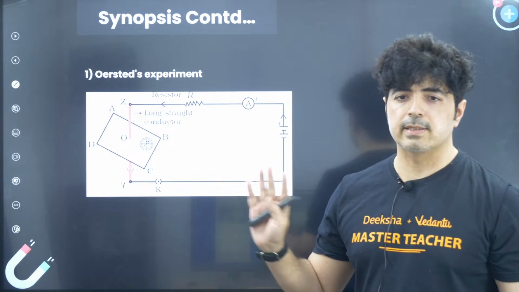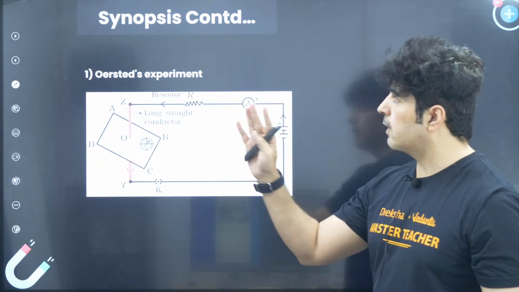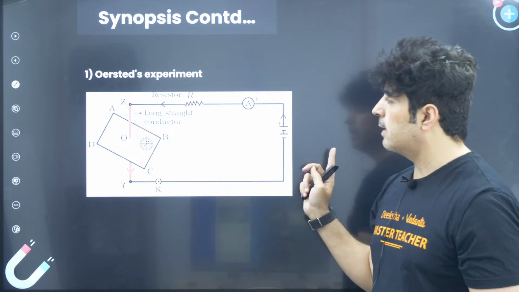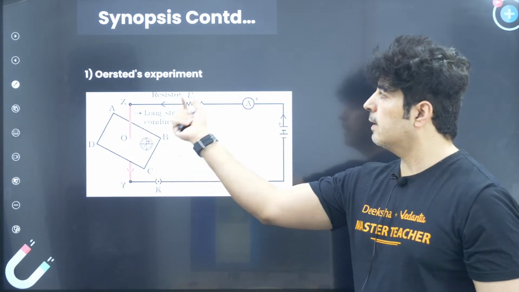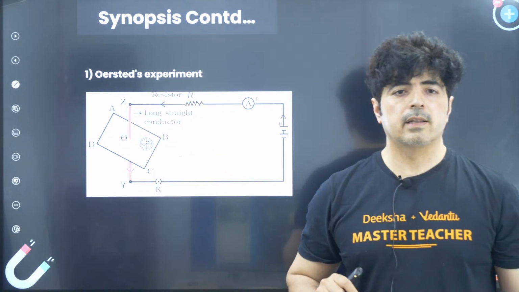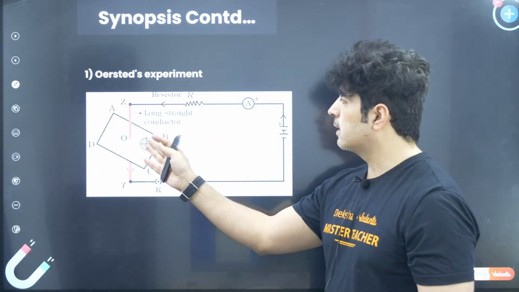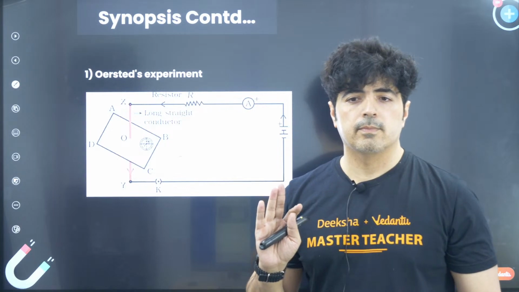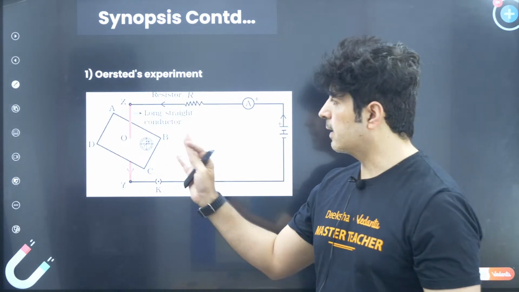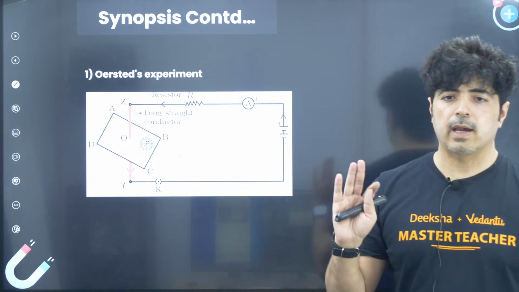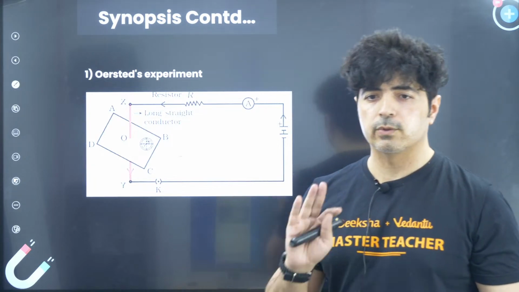By the way, this is as per NCERT, it is mentioned over there. If it comes, you just need to make this diagram, keep a compass over here, and write a small story that when the current was passed through this, there was a deflection observed in the magnetic compass. I hope it's absolutely clear to everybody. I'm moving to the next part.